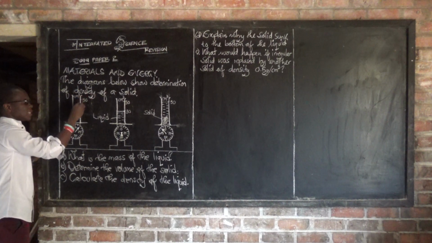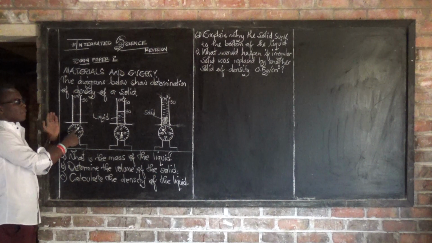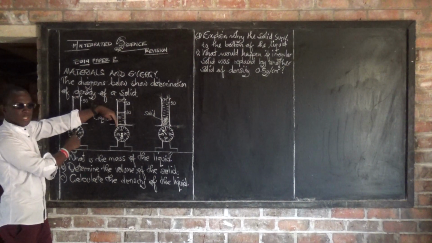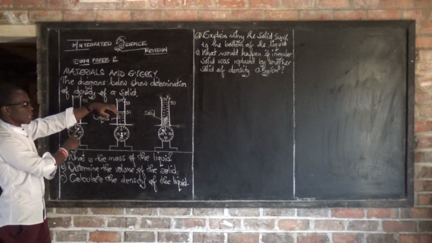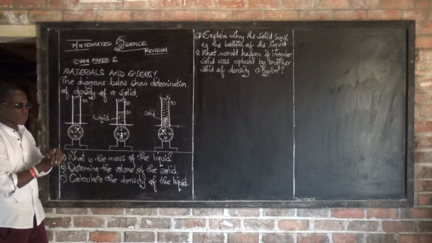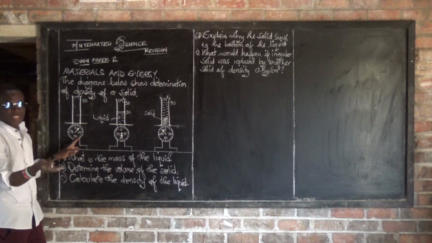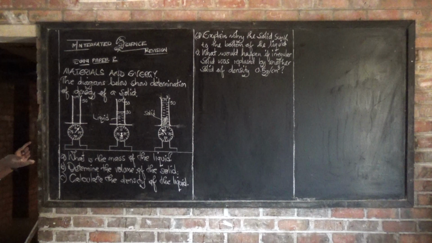The empty measuring cylinder has a mass of 10. After we pour in this liquid and put the same measuring cylinder on a scale, the mass changed from 10 to 50.